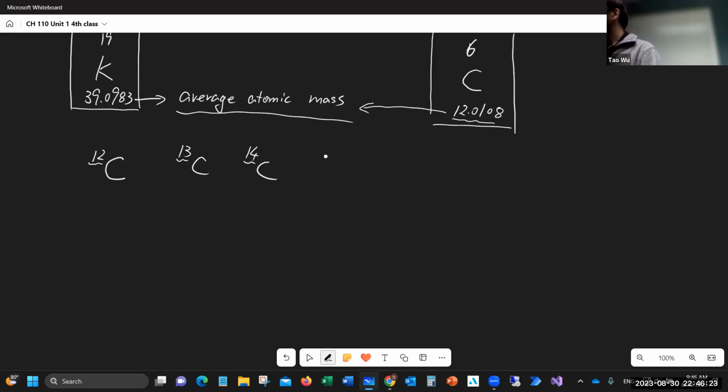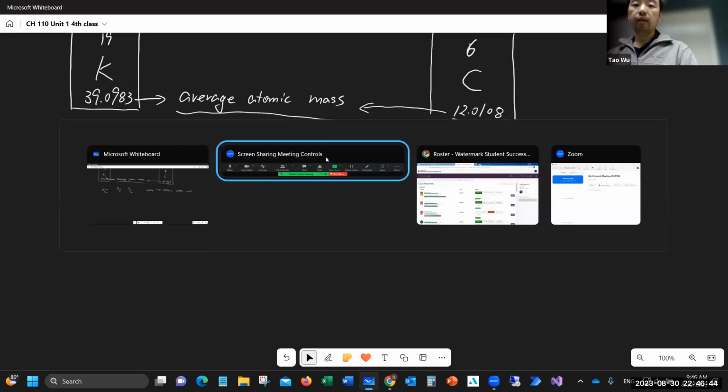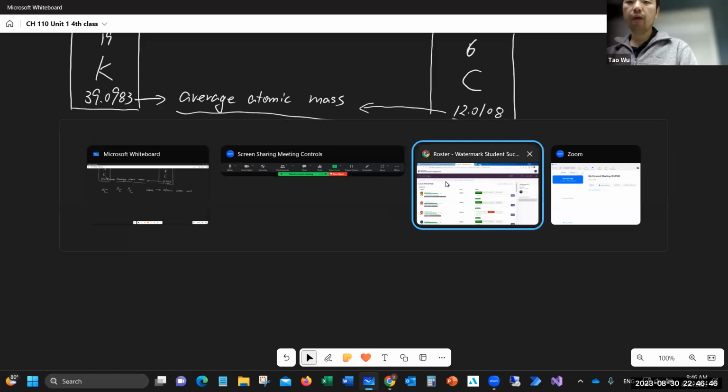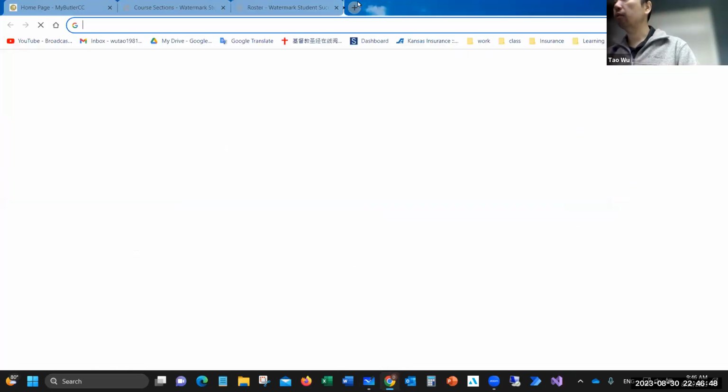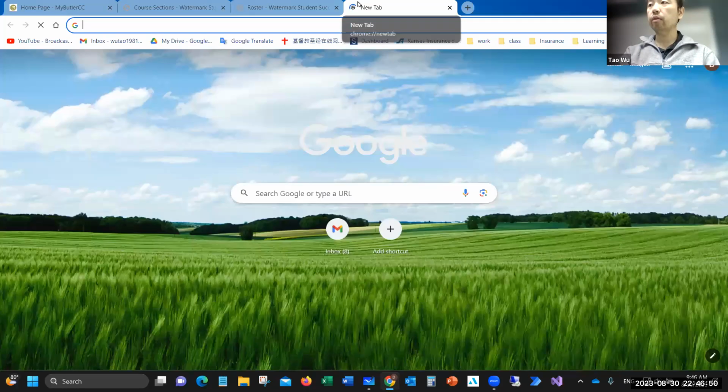It's about the same weight as an AMU. So there's a unit called the AMU, the atomic mass unit. The reason we're using this is, I will find some examples for you.